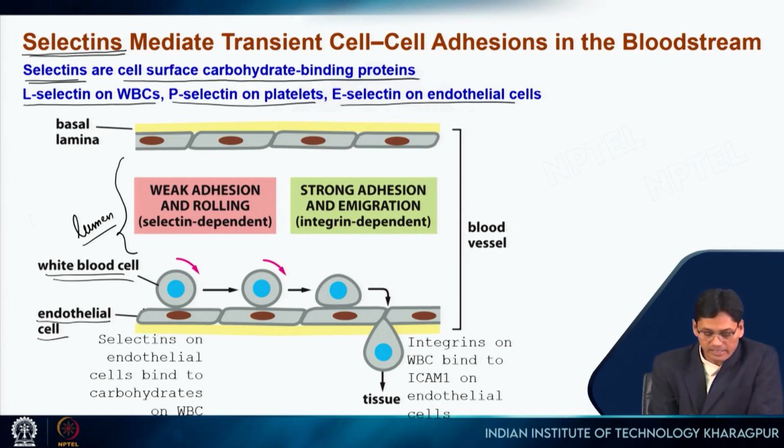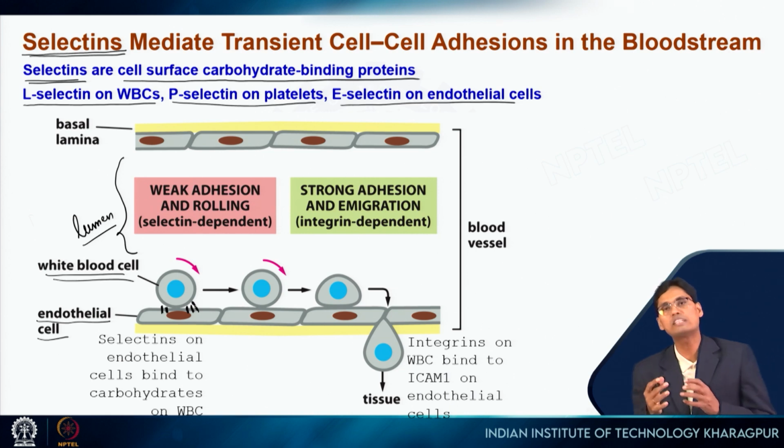Selectins are present on these endothelial cells. And white blood cells have some specific type of carbohydrates, present on the WBC. That carbohydrate and this selectin interact together.